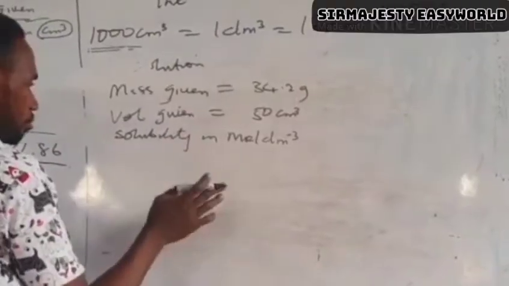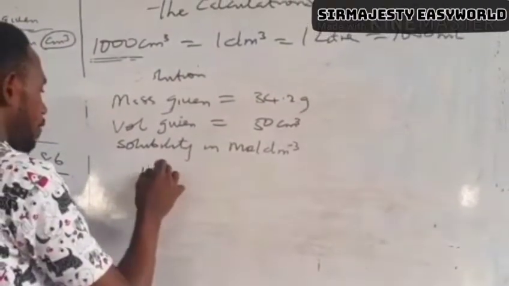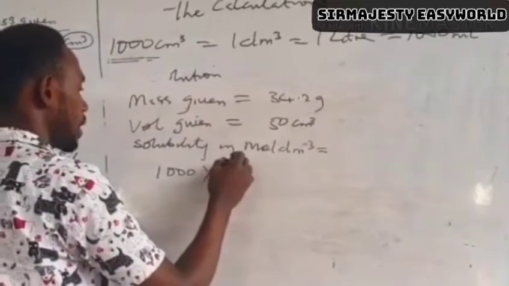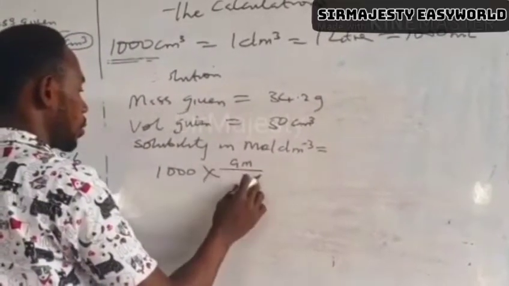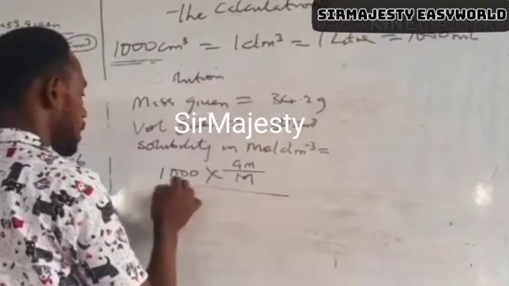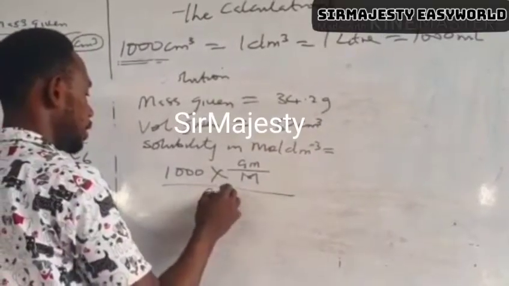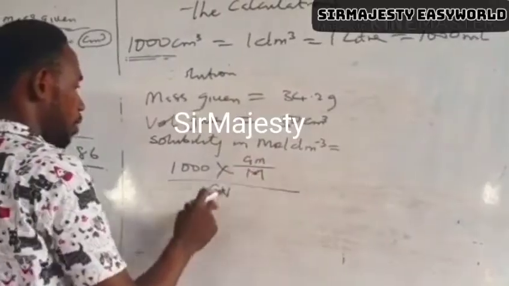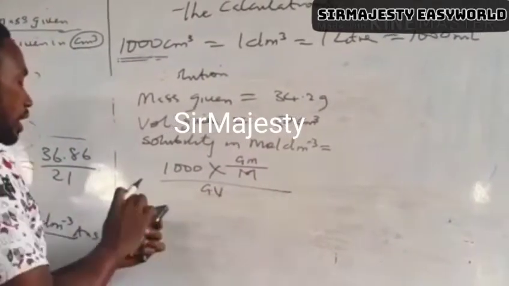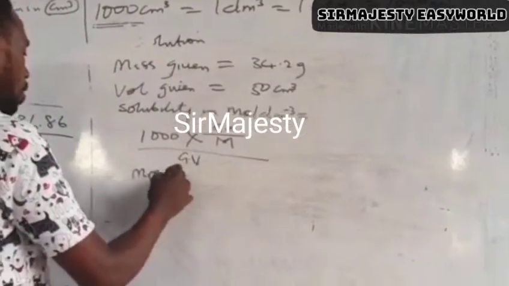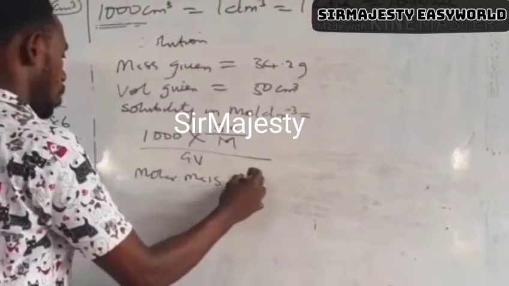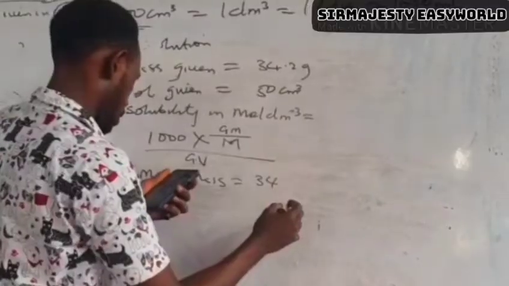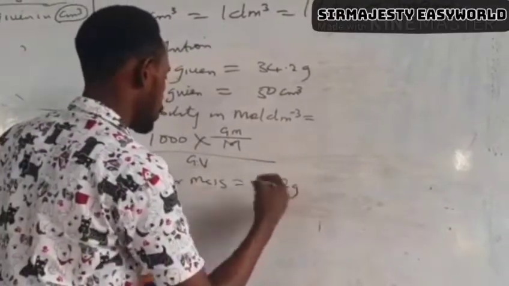And in this case, from the cheat we have solubility in mole per dm cube equal to 1000 times given mass all over molar mass divided by given volume. So this is your given volume, given mass, and this is your molar mass. And the question said that the molar mass of the compound is equal to 342 grams.